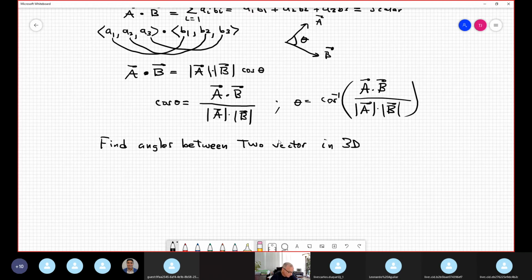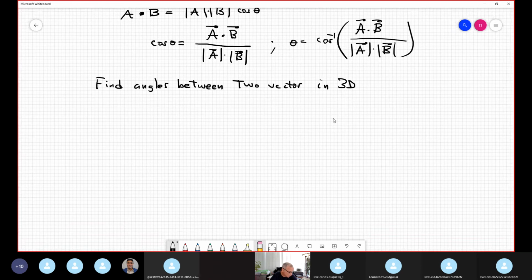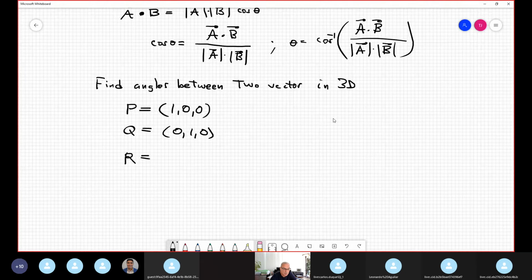Suppose we have different points. The point P is the point 1, 0, 0. Suppose we have the point Q, which is the point 0, 1, 0. And suppose we have the point R, which is the point 0, 0, 2.